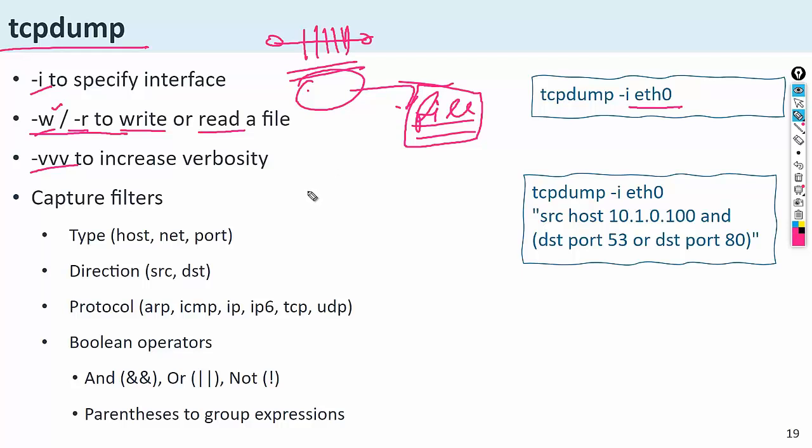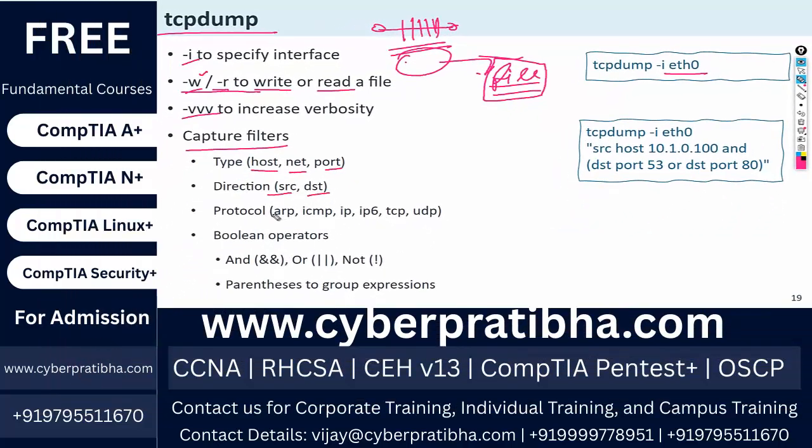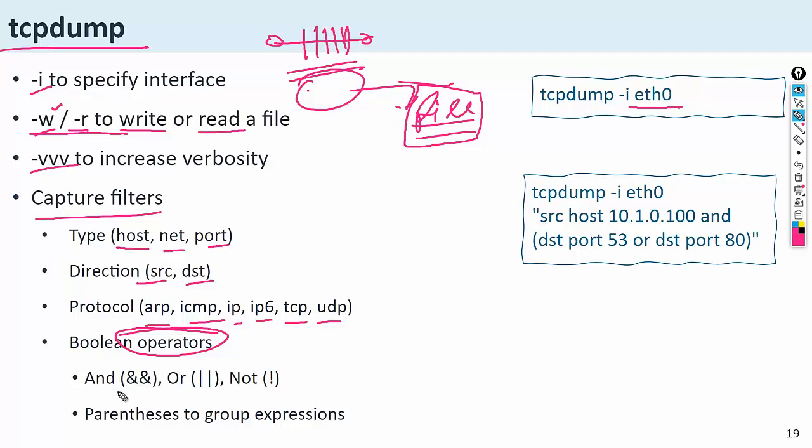There are some filters that can be used at the time of capturing the data, like host, net, port, source and destination address, source IP or destination IP address, and specific protocols like ARP, ICMP, IP, IP6, TCP or UDP. Also there are some operators that can be used like and, or, and not.